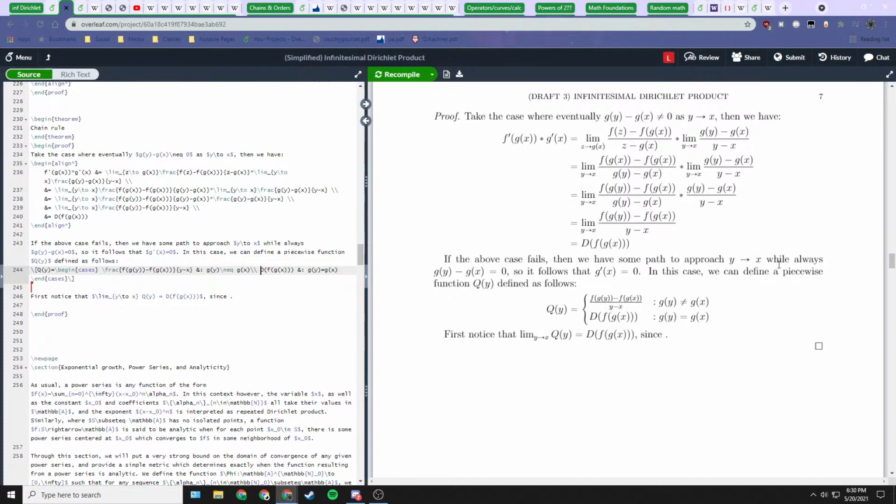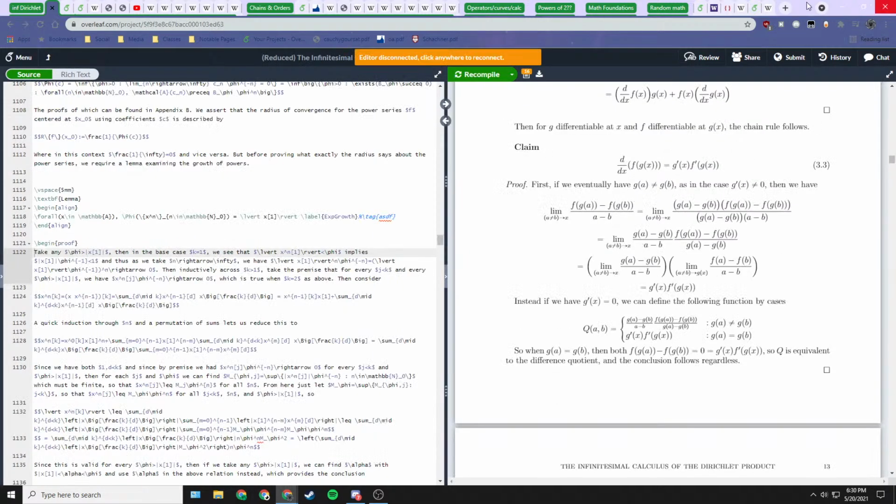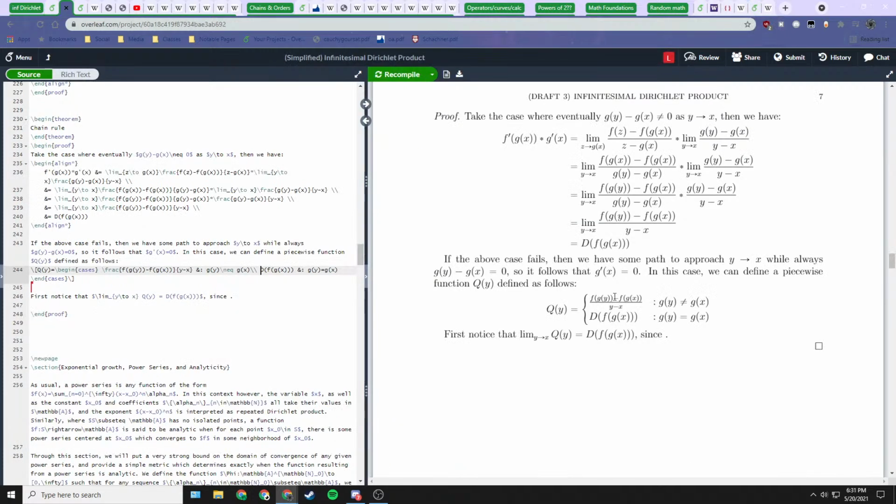So instead we have g prime is 0. In this case, we define this function like this, and actually the second one we want is g prime of x times f prime of g of x.